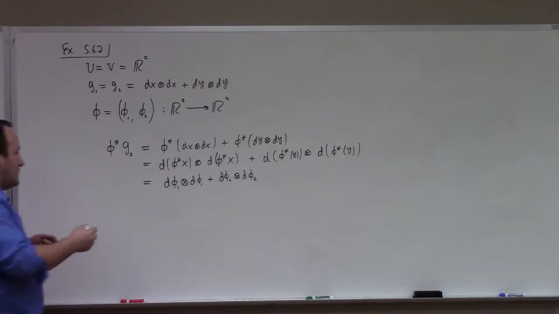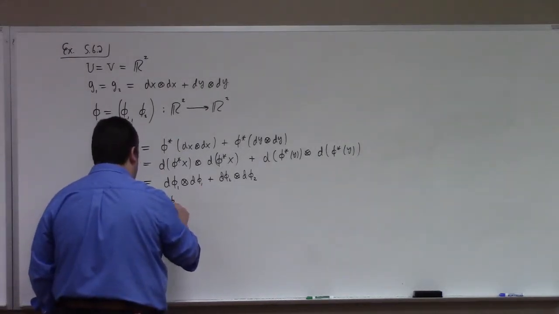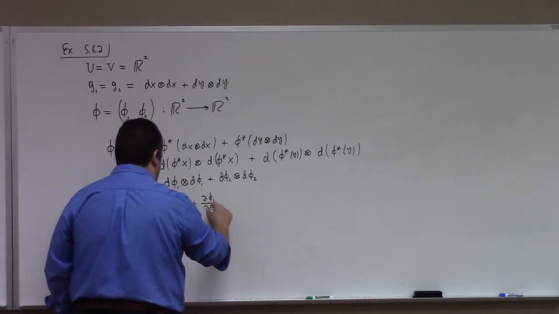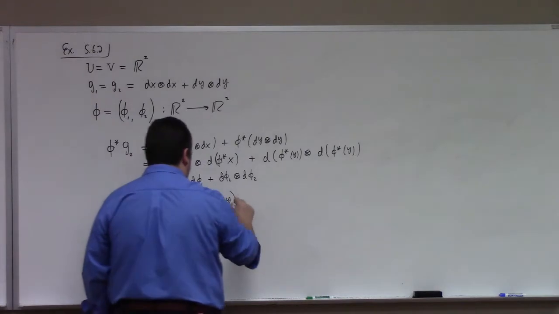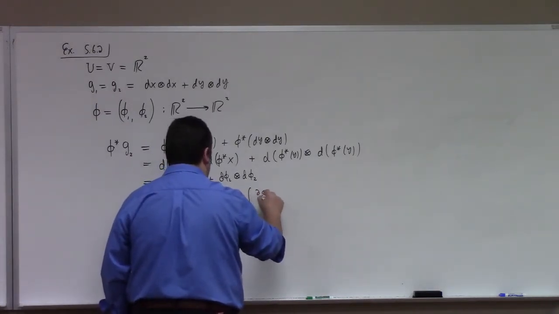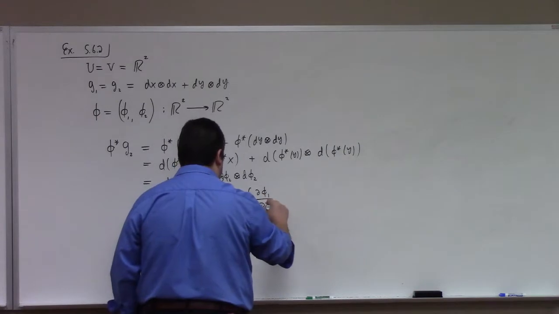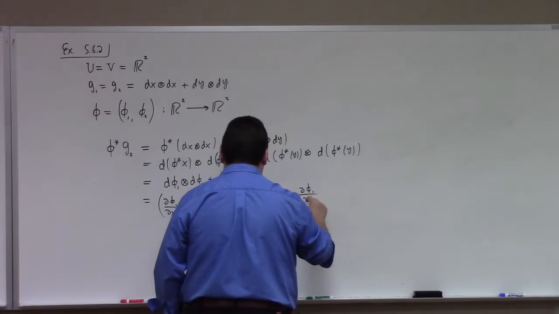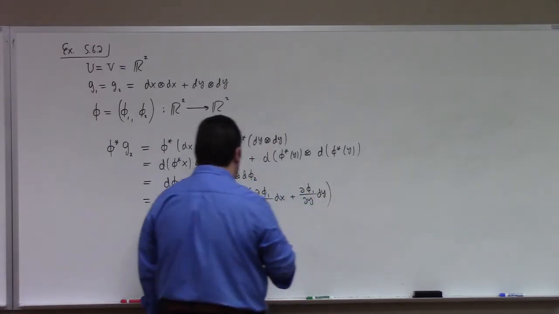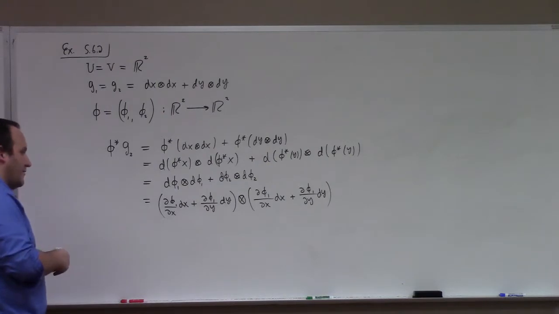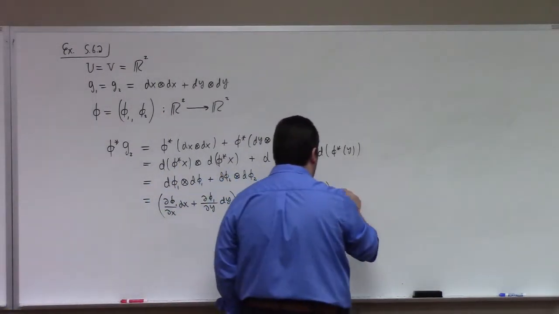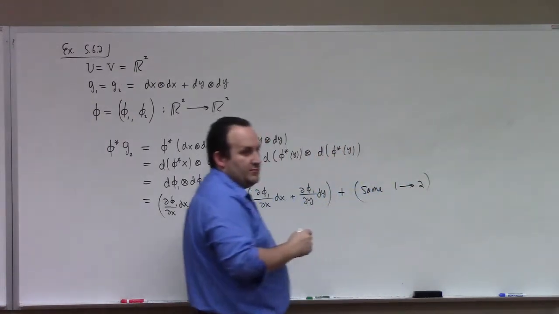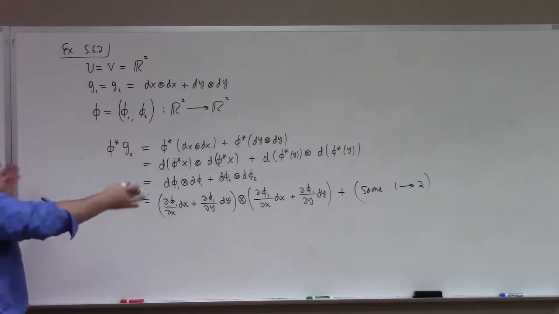Which we can express as partial phi 1 partial x dx plus partial phi 1 partial y dy, tensor the same thing, and then likewise with 1 changed to 2. I really want to write square right now, but I'm resisting. So we multiply that out, what do we get?